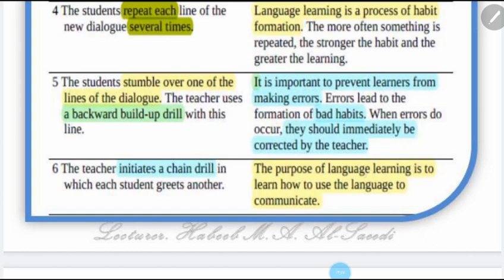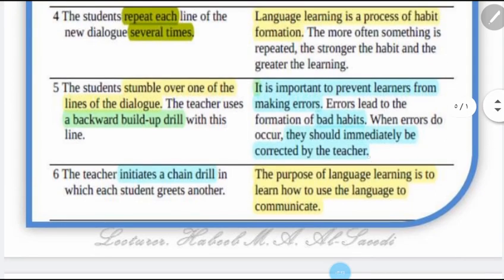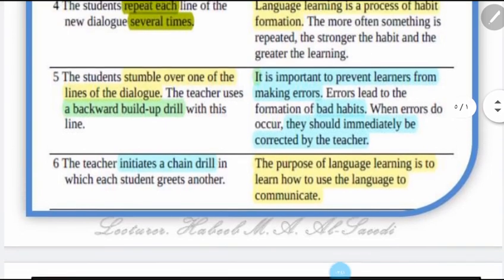And the errors, when they occur, should immediately be corrected by the teacher. So the teacher uses this type of drill, backward build-up drill, to help students overcome the habit of their native language and to avoid making errors when they stumble over a long line in the dialogue.